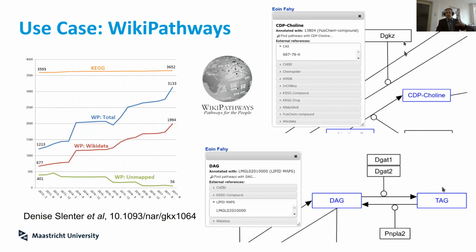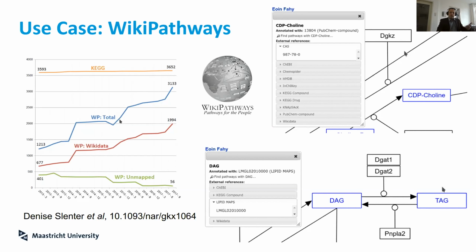On the right side, you see entities, things in the pathways. In blue, metabolites, and in black, those are proteins. And the arrows reflect interactions between them. So biological processes are ongoing. And the pop-up boxes that we see here, they reflect identifiers for those things. And you can see in gray the drop-down things. Those are additional databases that also have information about that compound, taking advantage of the identifier mappings.